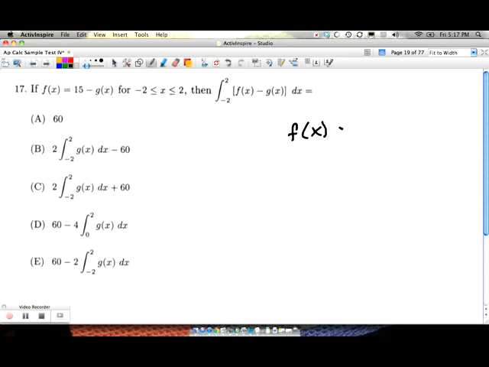So I got f of x equals 15 minus g of x. I'm going to subtract 15 from both sides and subtract f of x from both sides. Do I really want to do that? No, I don't think I want to do that.